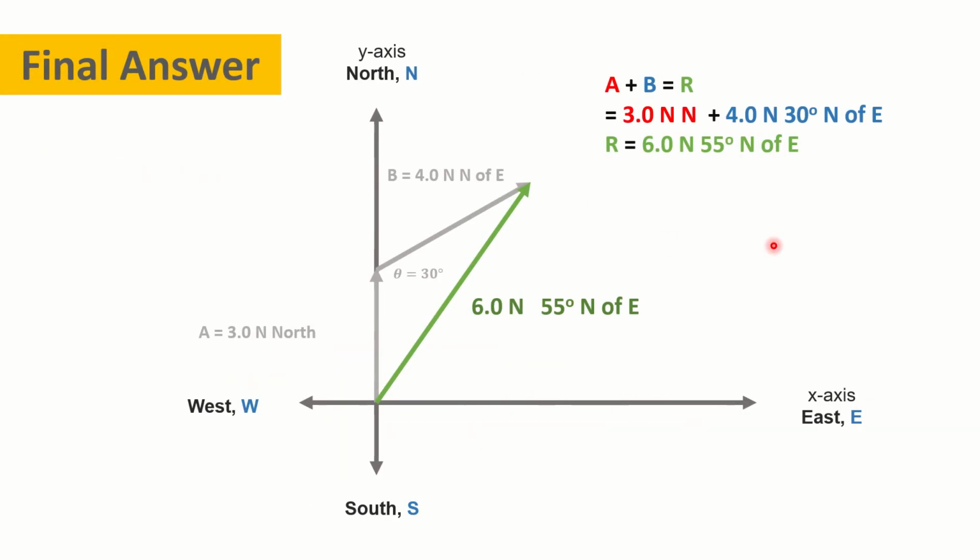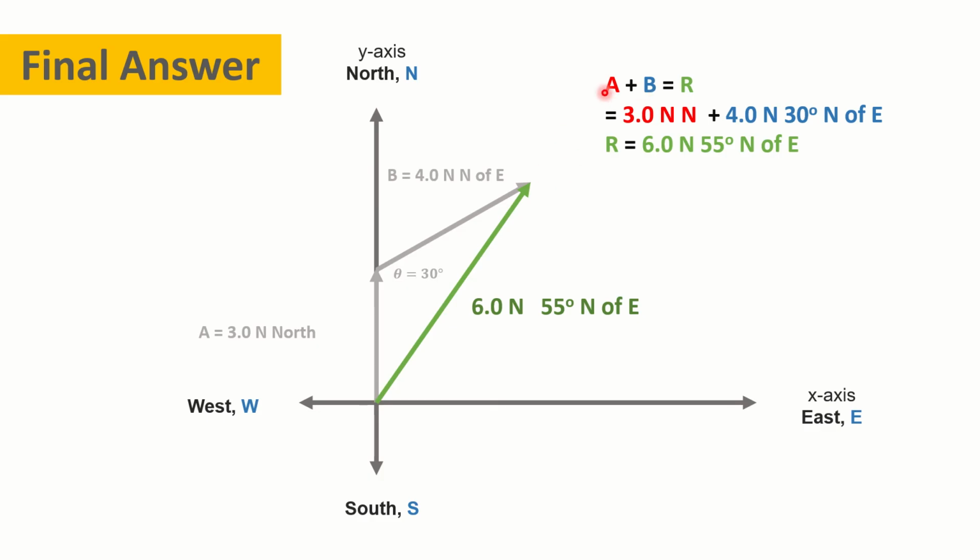So this is now our diagram. We have force vector A, force vector B, and their resultant vector when we add A and B. Vector addition is vector 1 plus vector 2, and if we have more than 2 vectors, vector 1 plus vector 2 plus vector 3 and so on will be equal to the resultant vector.